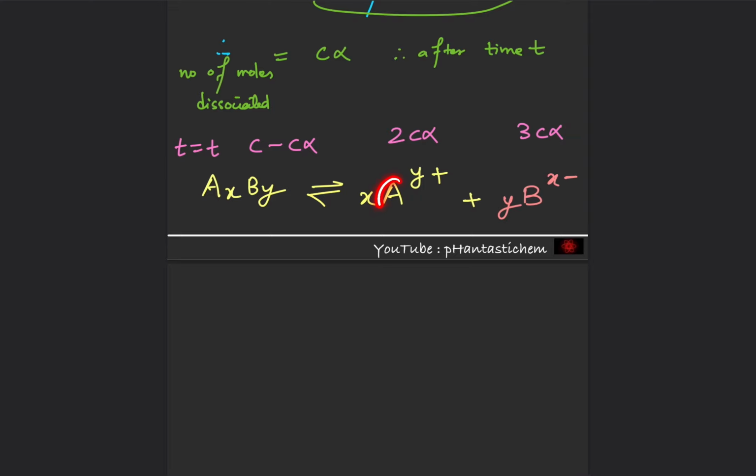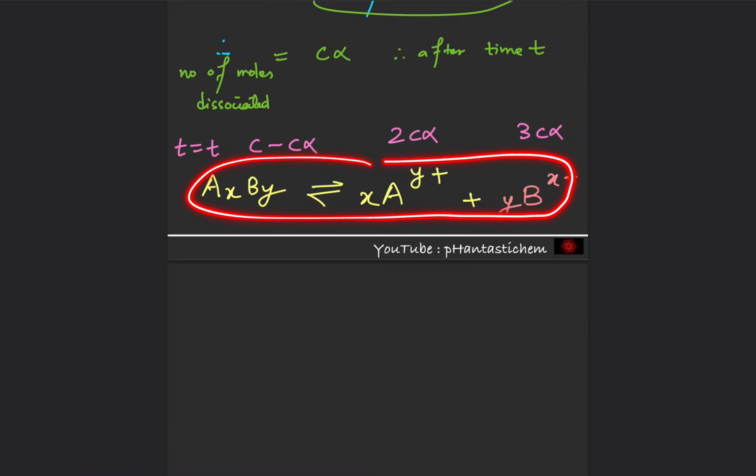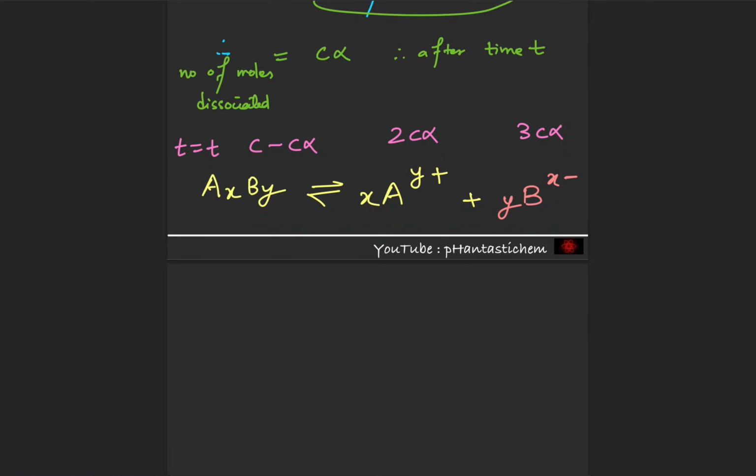Okay, so you can see the charge on A is y, the charge on B is x, and also the number of moles of Ay+ formed is x and the number of moles of Bx- formed is y. Okay, so this is the dissociation equation for AxBy. And at time t equal to 0, the concentration of AxBy is given to us as C, and obviously Ay+ will be 0, Bx- will be 0.